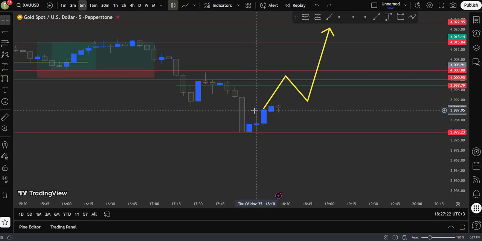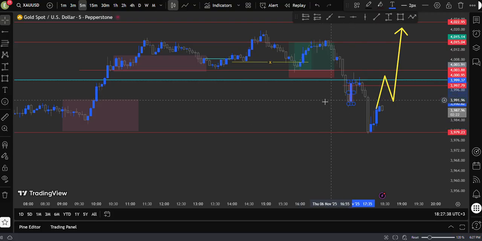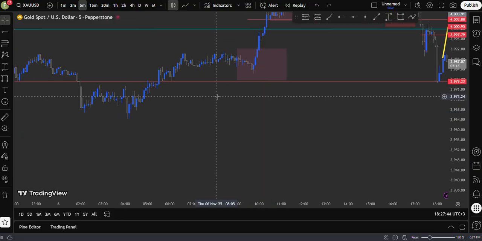If it was small and it made a bullish engulfing candle, here I would enter. But here there was no significant level, so even if it made that, we shall not consider it a good entry point.